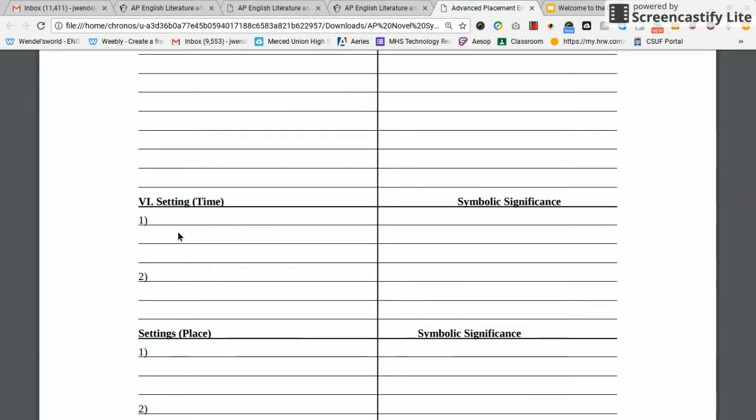It's set in Maycomb, Alabama for most, or if not all, the novel. Why is that significant symbolically? Well, Maycomb really represents the Great Depression. It represents Southern life. I mean, you can talk about what it represents, the symbolism there, and some other things as well.